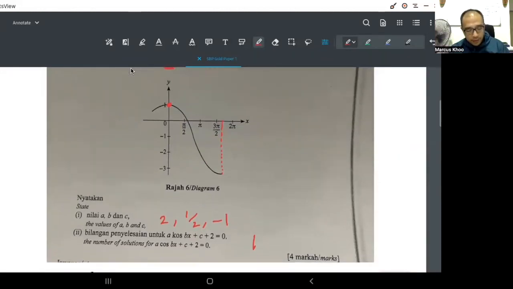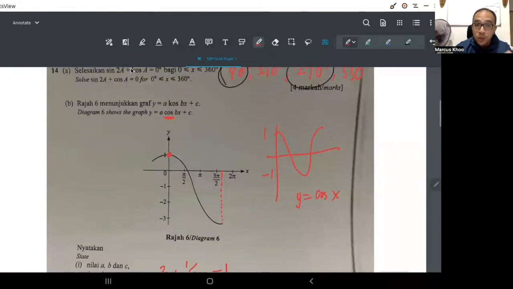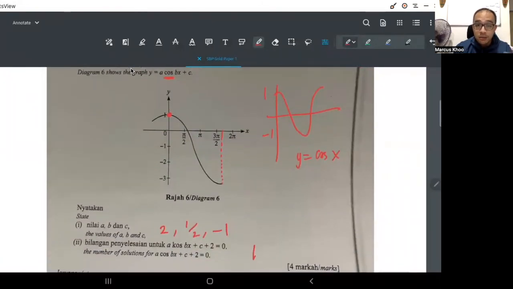So the original cos graph is like this. This is 1 and this is negative 1. That's the original one, y equals to cos x. But this obviously has been modified. We only know it's a cos graph, but it has already been modified. And so we find that the maximum value is 1 and the minimum value is negative 3.